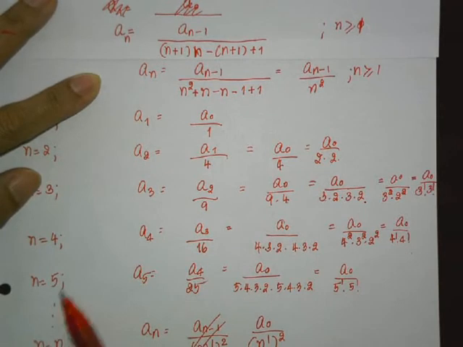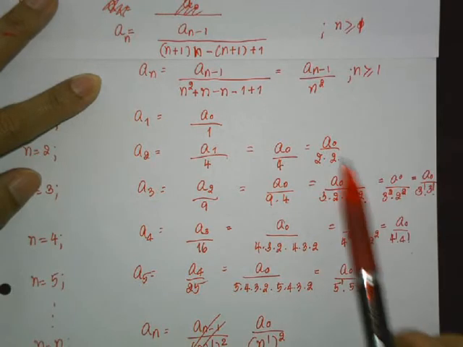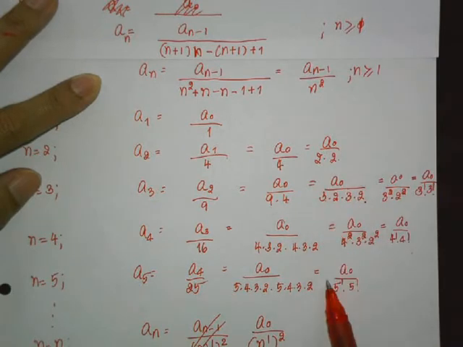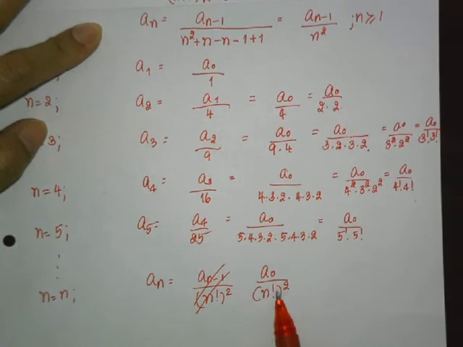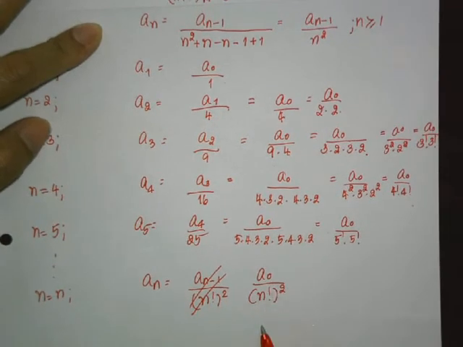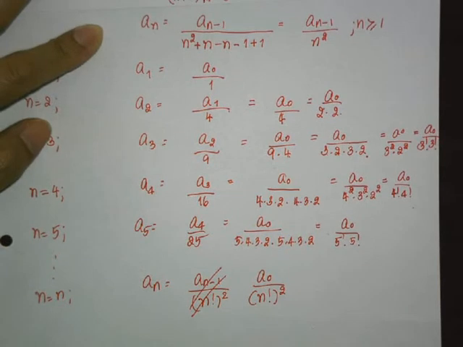If you plug n equal to 5 there, you would get a5 equal to a4 divided by 25, which is equal to a0 divided by 5 factorial times 5 factorial. So in that case, we now see the trend of it, right? If we have a6, we would get a6 equal to a0 divided by 6 factorial times 6 factorial. So that means our an is equal to a0 divided by n factorial to the power 2. Right? It means n factorial times n factorial.